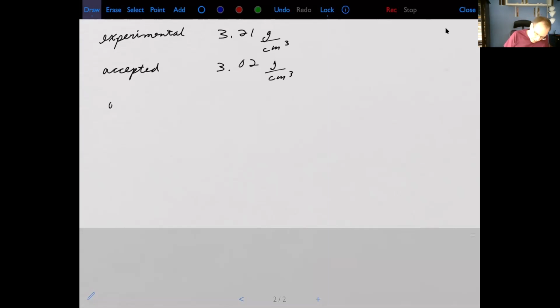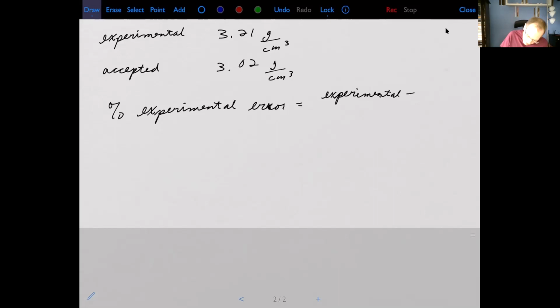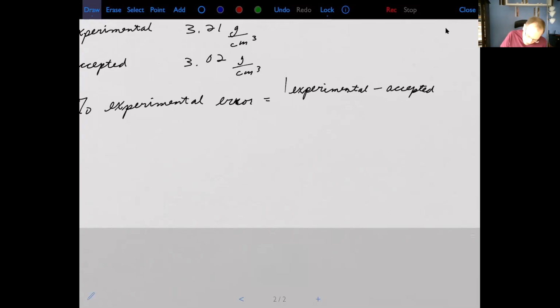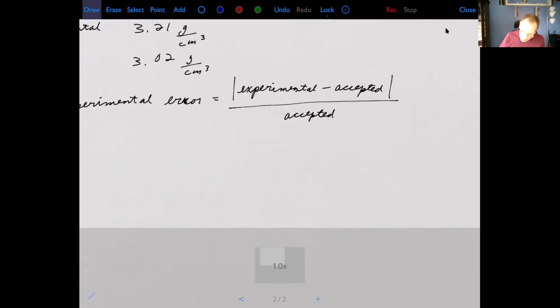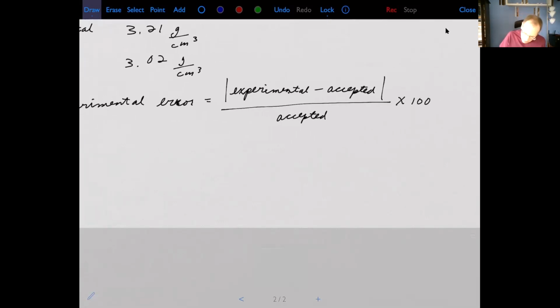Okay, so then if we wanted to compute the percent experimental error, then the formula was, remember, the difference between the experimental value and the accepted. But we had to keep it positive, so we took absolute value of that. Then you divide by the accepted value. That's the important thing. That denominator always has to be the accepted or gold standard value. And then times 100 just makes that fraction a percent.